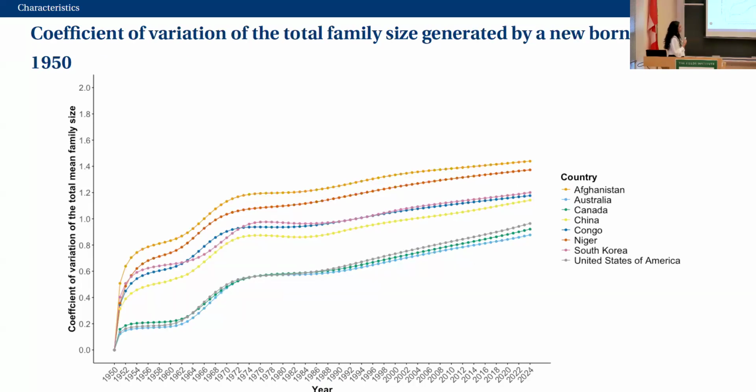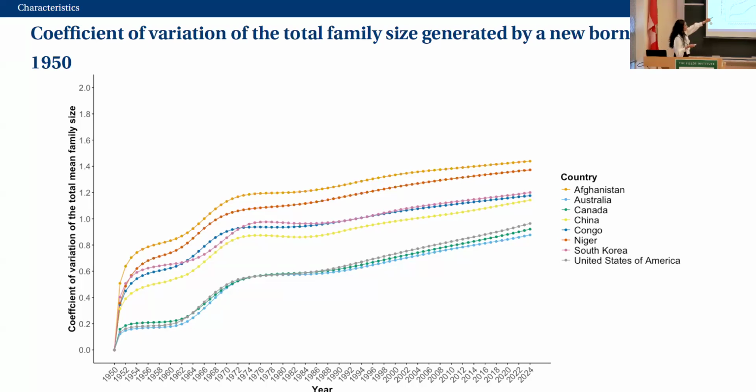But in this graph, it has a pattern similar to South Korea and China, although they're very different countries. I mean, what's happening in those countries is very different, right? So we're just trying to get some insights: Congo does have high fertility and mortality, but it might be having better survival patterns in comparison to Niger and Afghanistan.